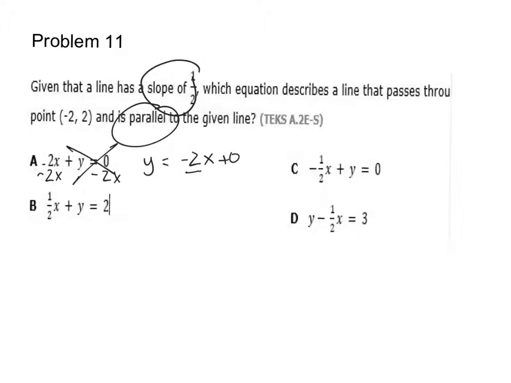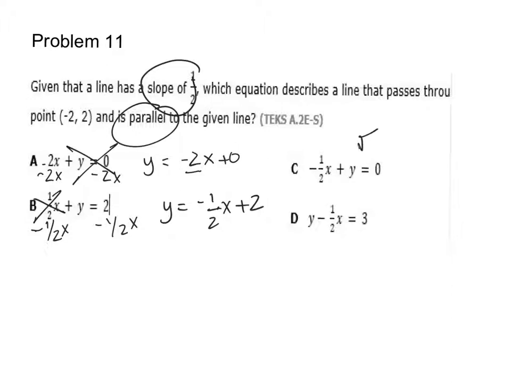Let's try B. Well, it's not in y equals, so this can't be my slope, so I need to subtract 1/2 x on both sides. And now I get y is equal to negative 1/2 x plus 2. Well, this is negative, we want a positive. B does not work.